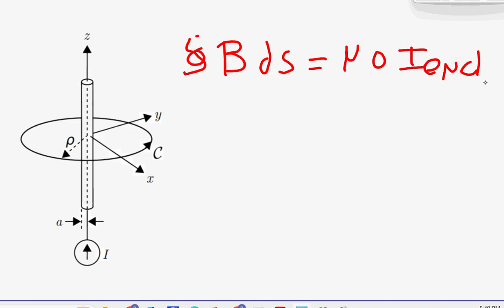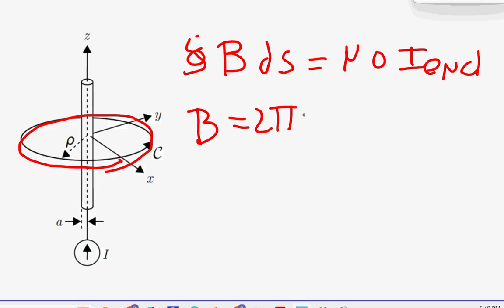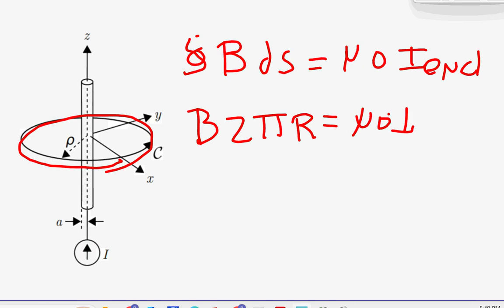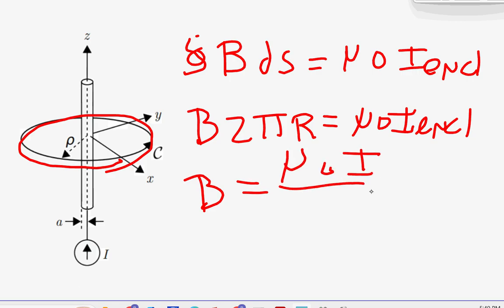And ds is around this entire circle here. So we have B times 2 pi r equals mu naught I enclosed. So B equals mu naught I over 2 pi r.